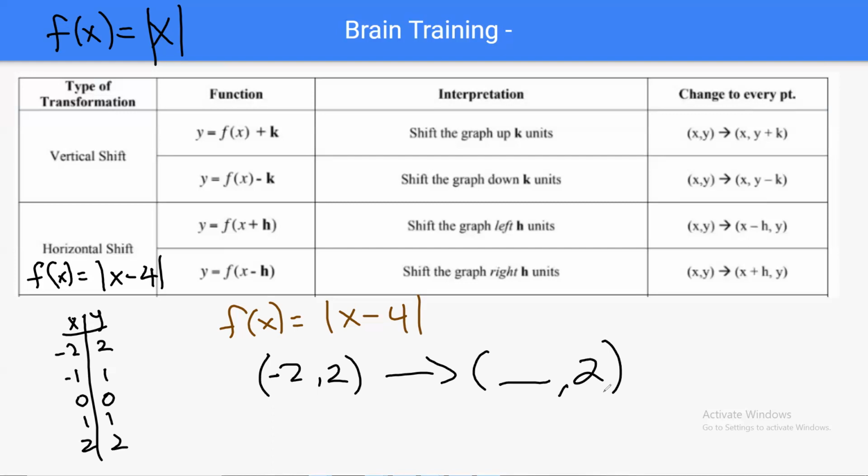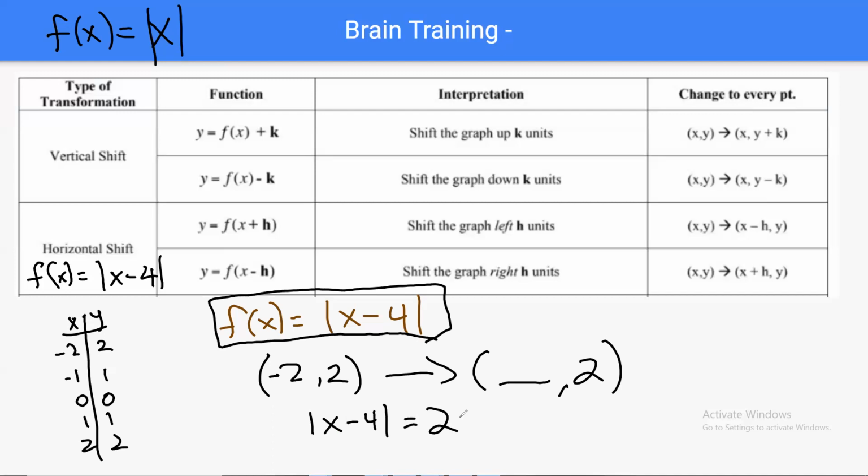So here, if we look at it, we have the function absolute value of x minus 4. If absolute value of x minus 4 equals 2, what does x equal? Just think about it.